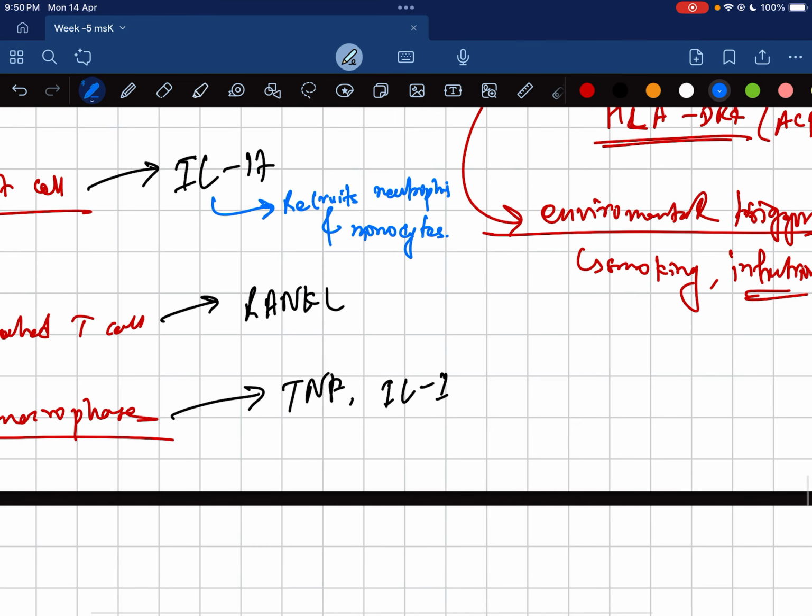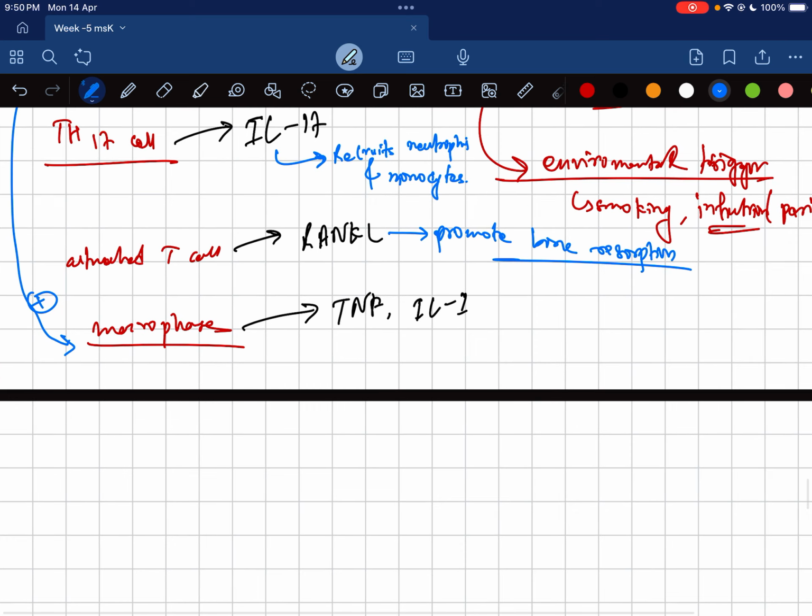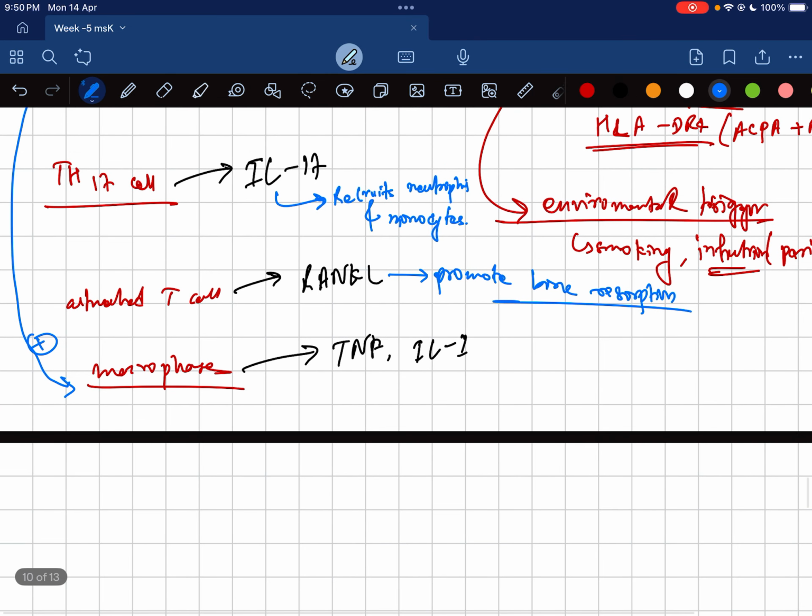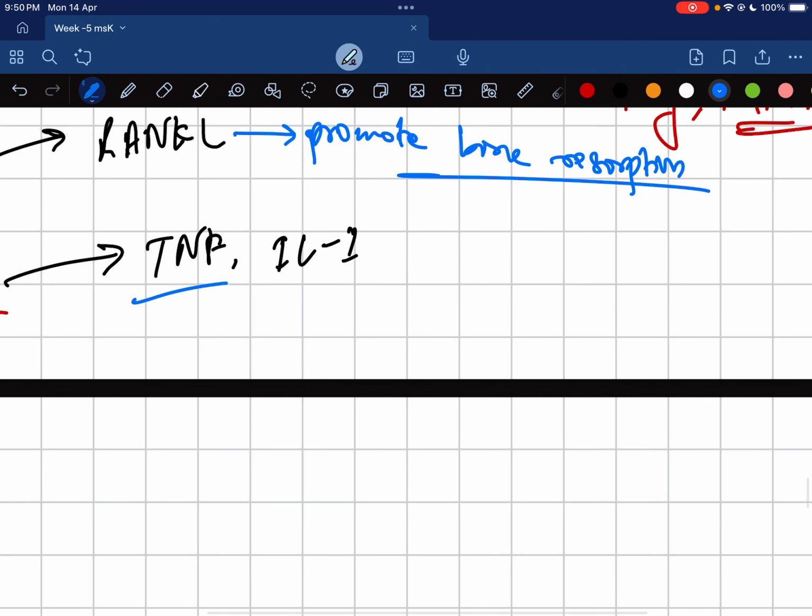Activated T cells release RANKL, which promotes bone resorption.